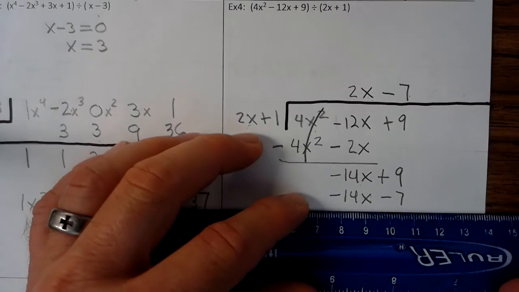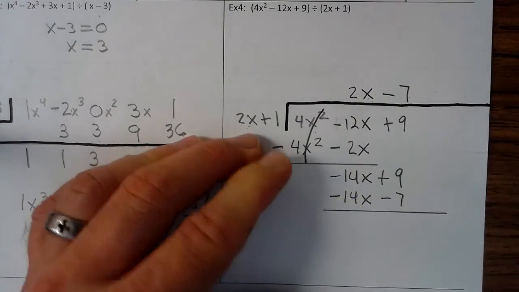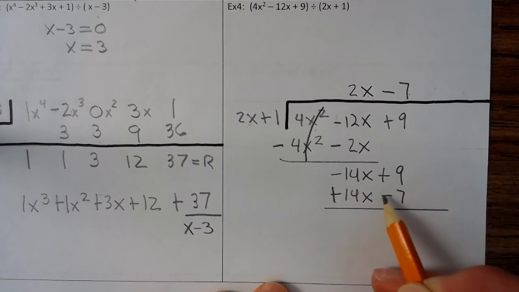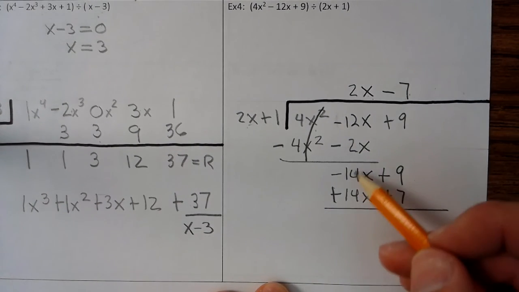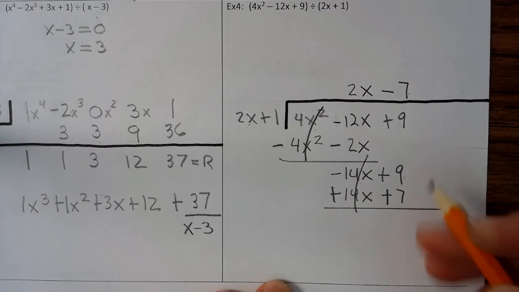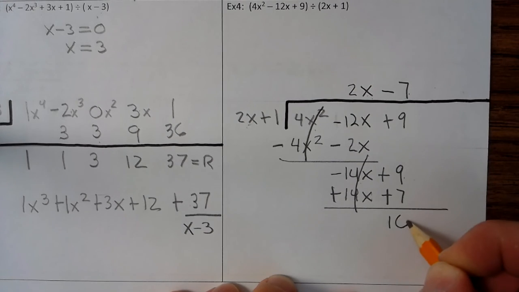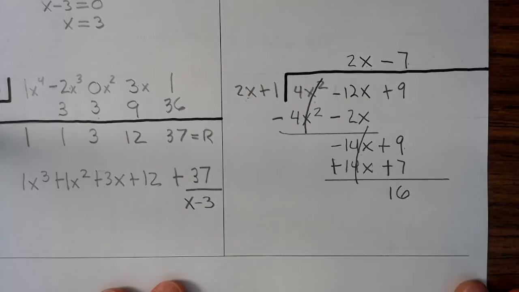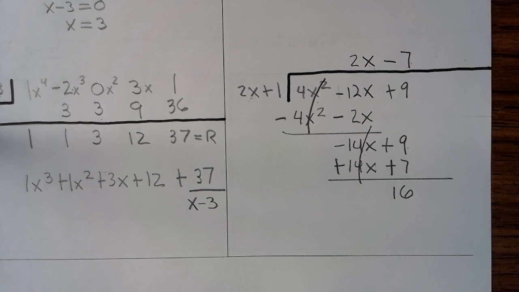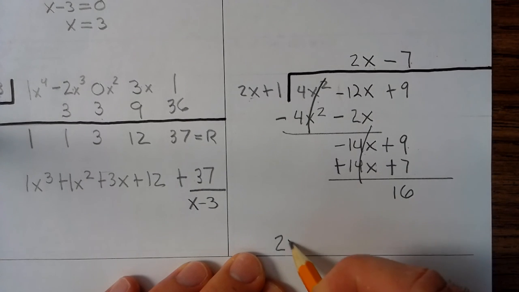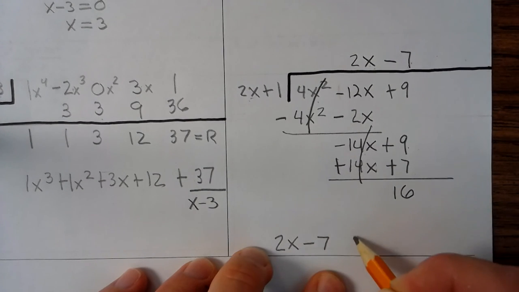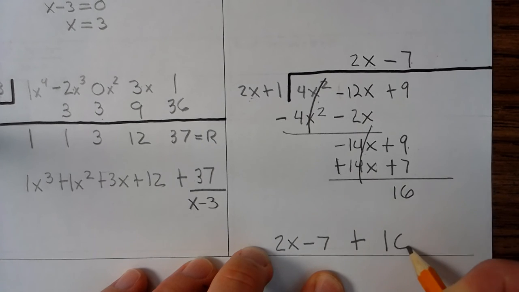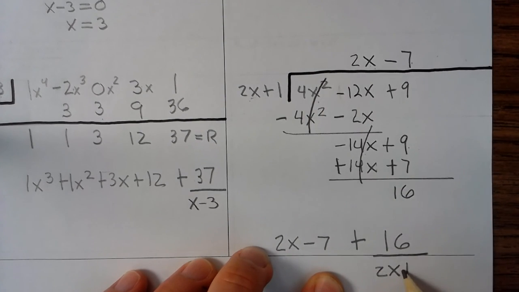But you subtract. When you subtract a negative, it becomes positive. And again, if you do this right, this first term always cancels. 9 and 7 is 16. So the result is 2x minus 7 plus 16 divided by 2x plus 1.